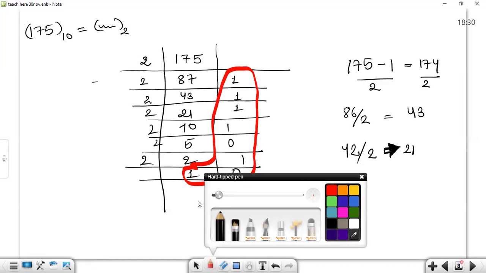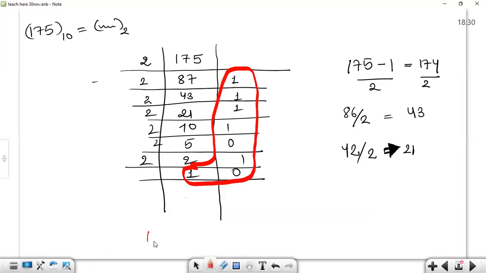Okay, so now for writing 175 in binary number system, we are going to start from the bottom. So we'll write 1 first, then 0, then 1, 1, then 0, then 1, then 0.